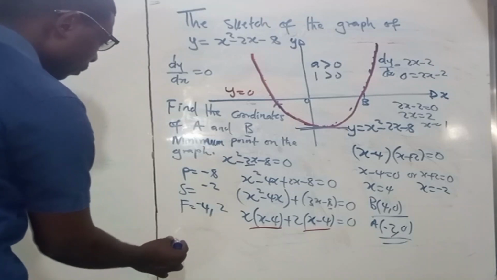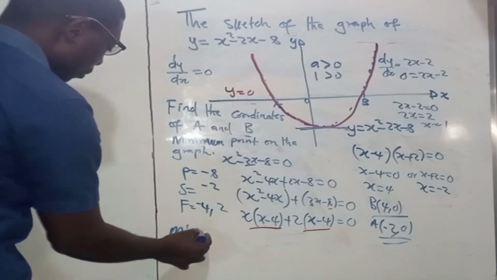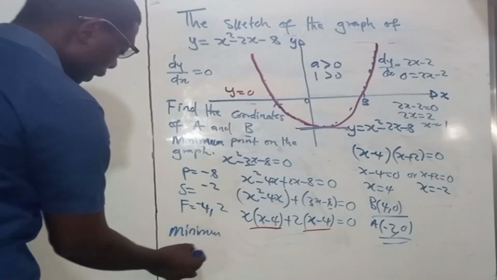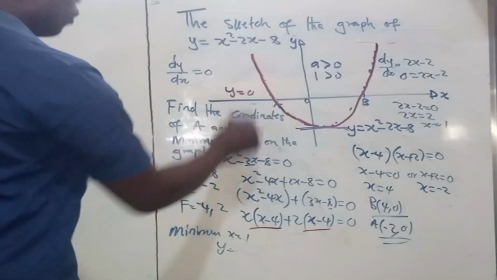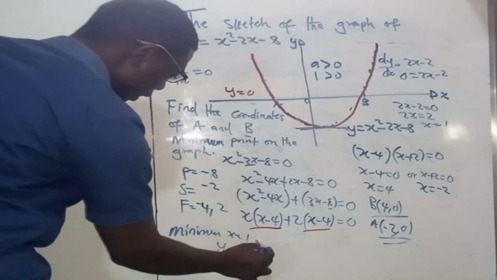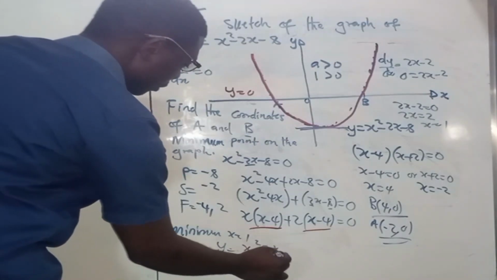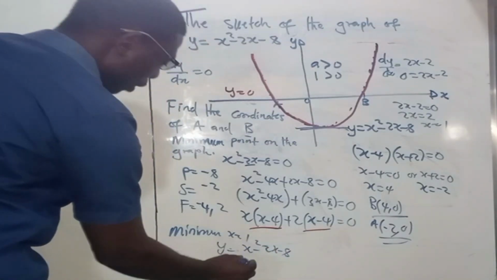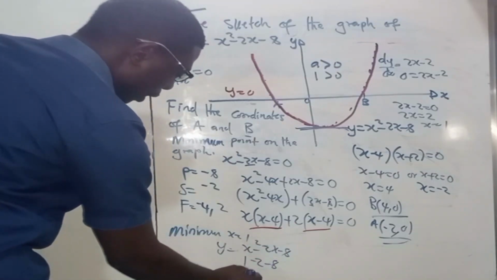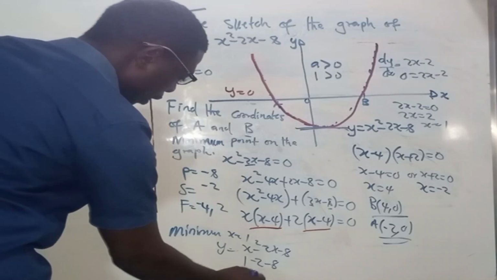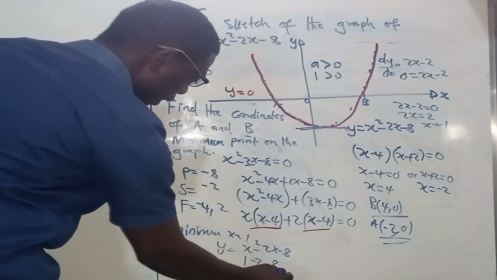Now when x is equal to 1, we substitute into the equation, since we are finding the minimum. Where there is x squared, put 1, minus 2, minus 8. What we get here is negative 1 minus 8, which is negative 9.